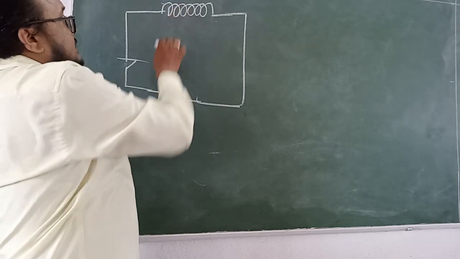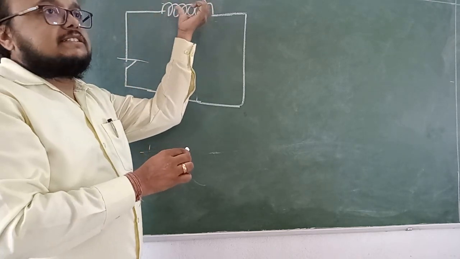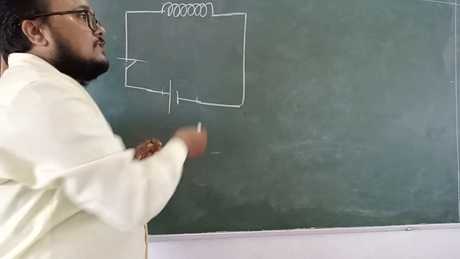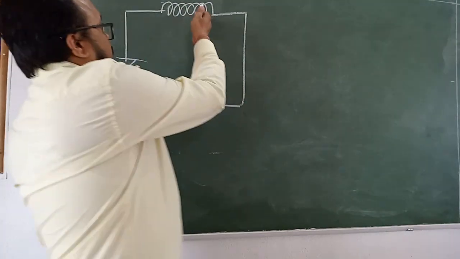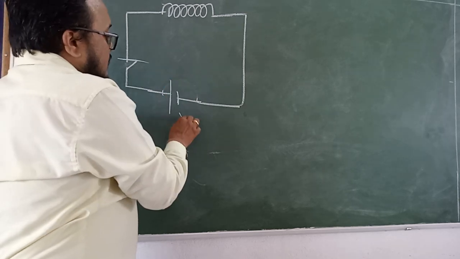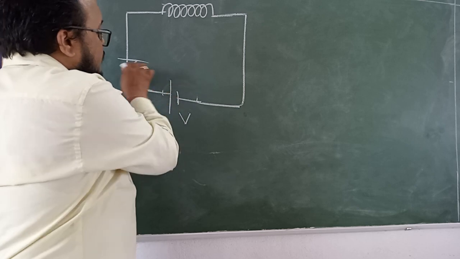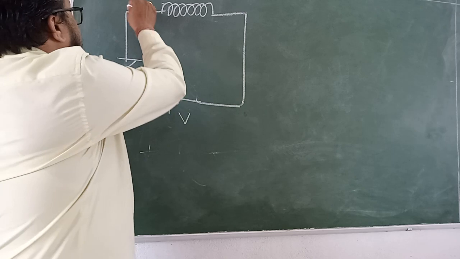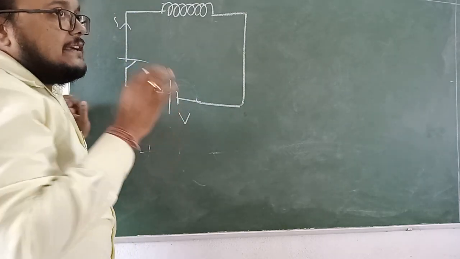So the current will increase, and when the current is increasing, there is a change in flux inside the inductor. Due to self-induction, a small back current is generated. But after some time, the full current, the maximum current I, starts flowing and is constant.